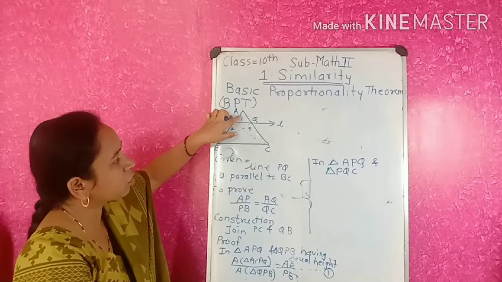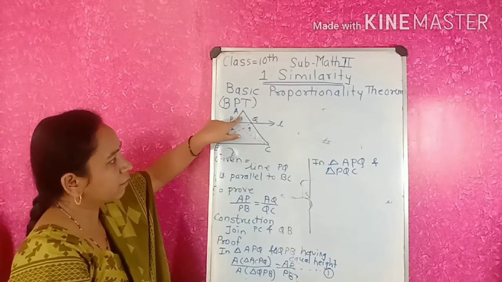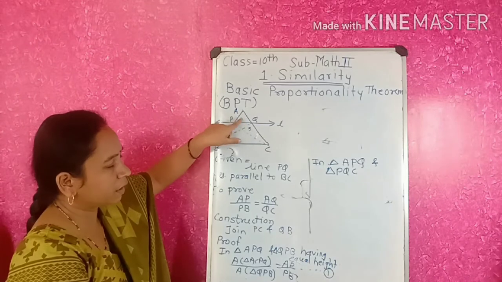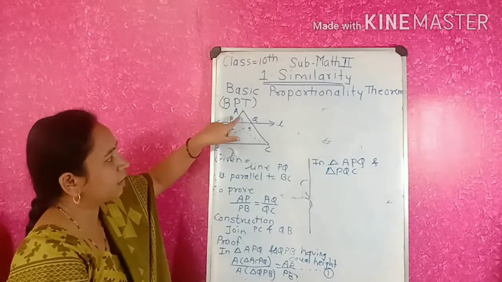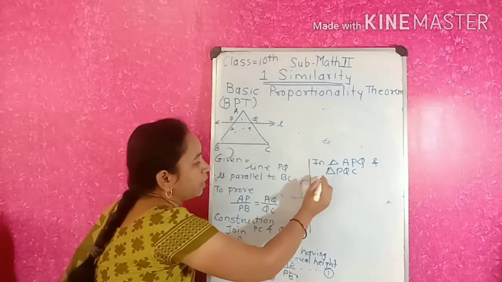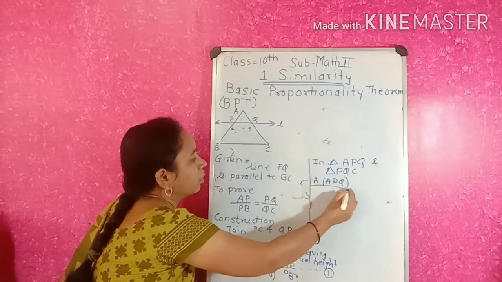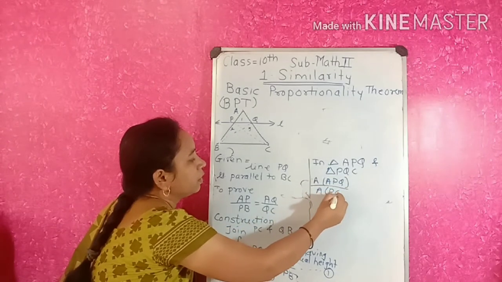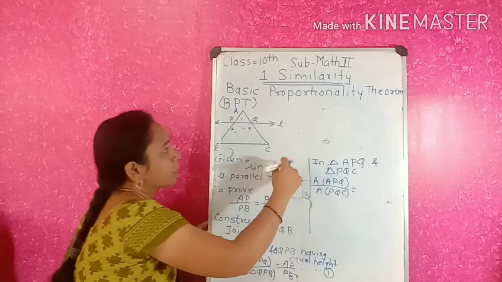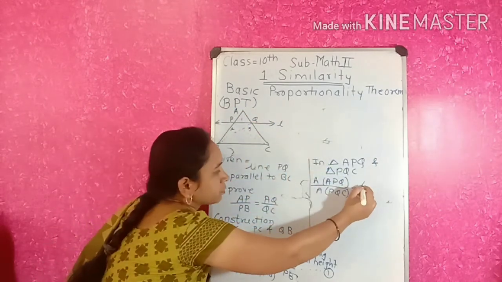That means height is common for APQ and PQC. So if height is equal, then the ratio of areas will be proportional to their bases. So area of APQ upon area of PQC is proportional to the bases, AQ upon QC.